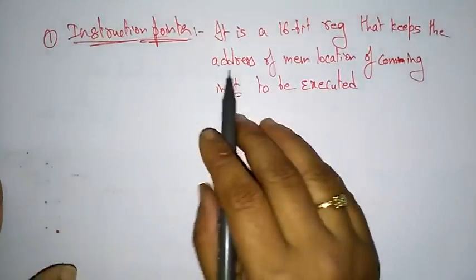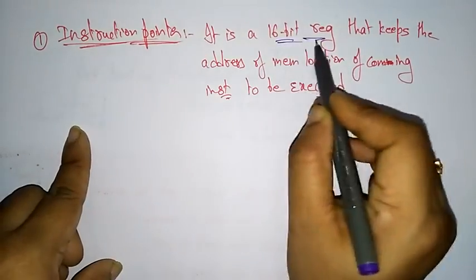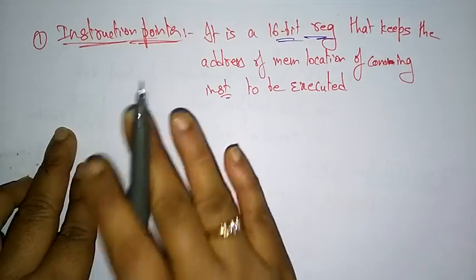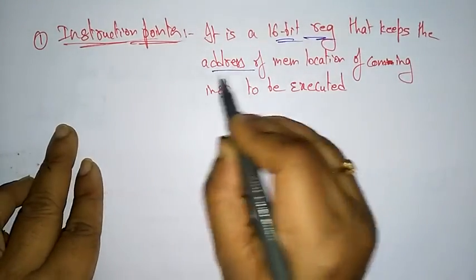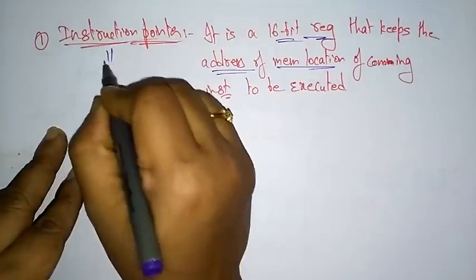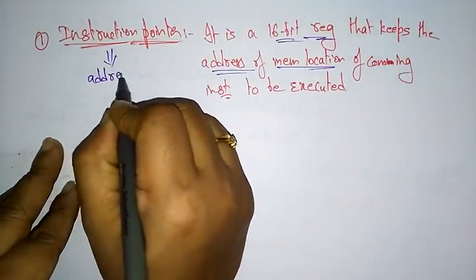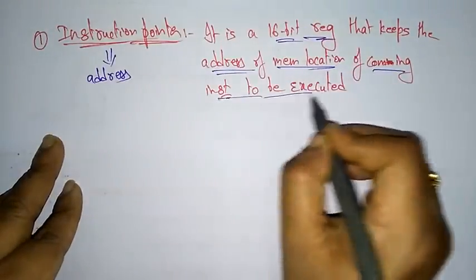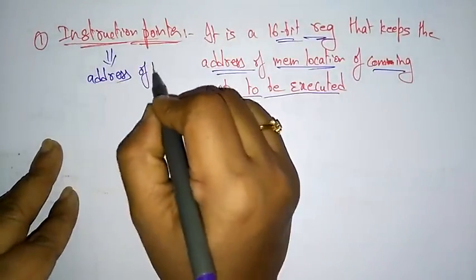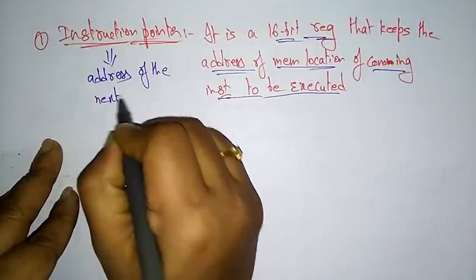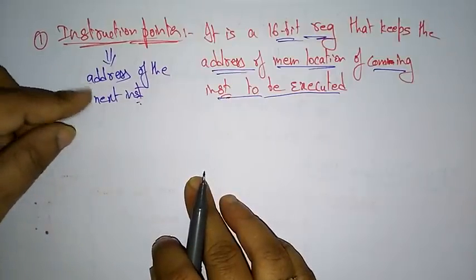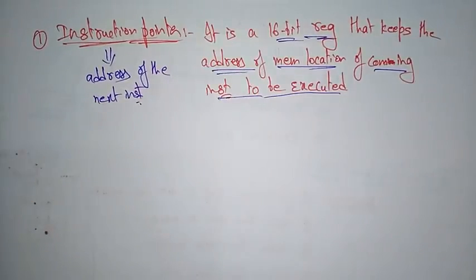What is the operation that this instruction pointer will do? This register will keep the address of the memory location. It only holds the address of the memory location of the coming instruction to be executed, the address of the next instruction to be executed. So that is the instruction pointer.